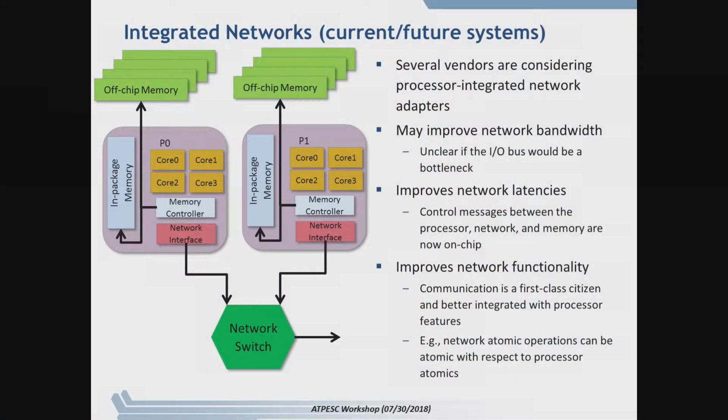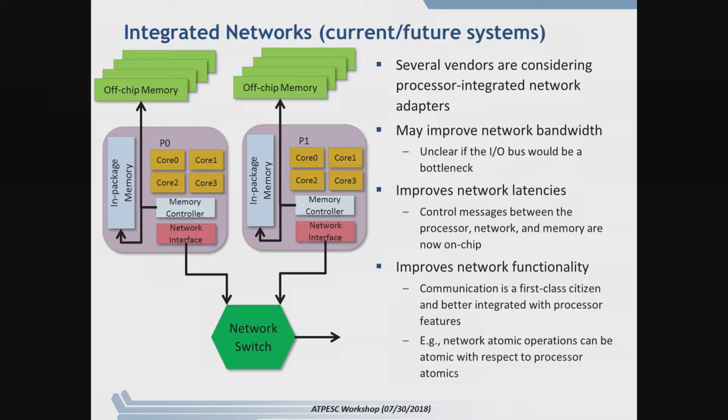We say current/future in this slide because some of this is actually possible today. A lot of vendors are looking at integrating the network adapter right onto the CPU as well, eliminating that I/O link from the previous diagram. I think today you can actually buy a KNL, a Xeon Phi, with the fabric integrated onto the chip itself.